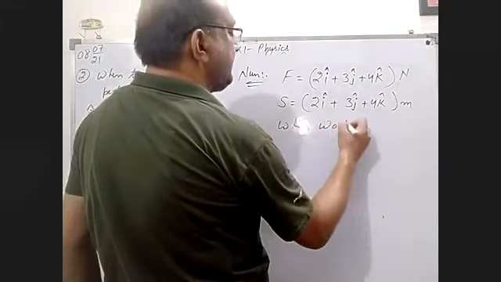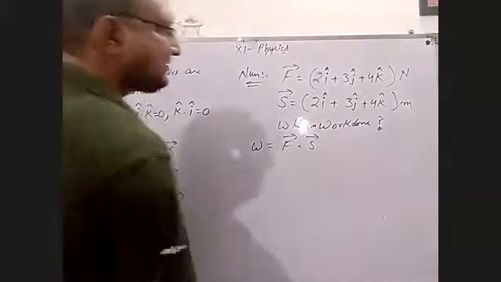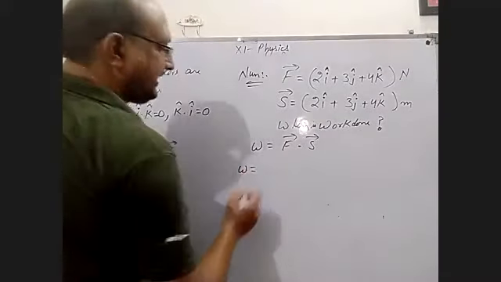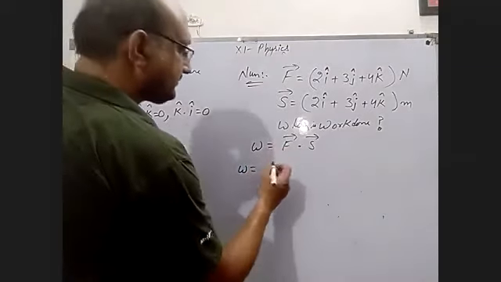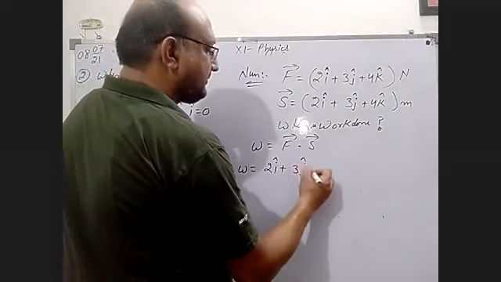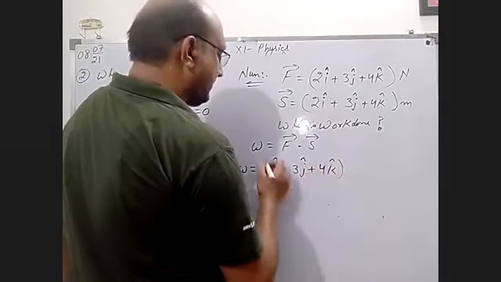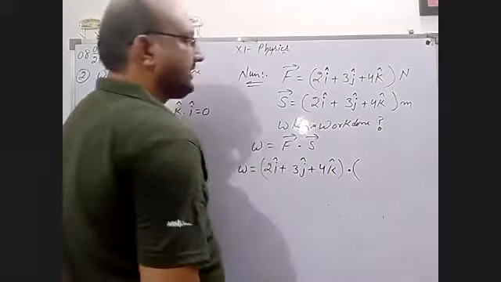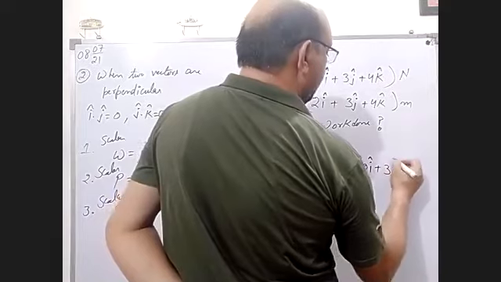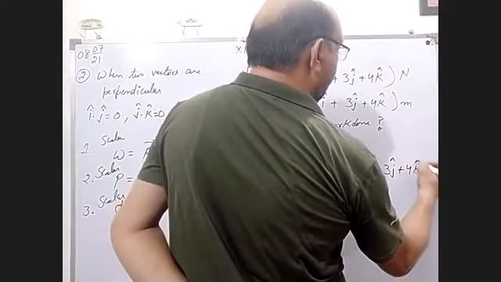Okay. Now there are two vectors, F and S. We know work done is the dot product of force and displacement. Now take their dot product. Firstly, write the value of force, and after that dot, and then write the value of displacement.